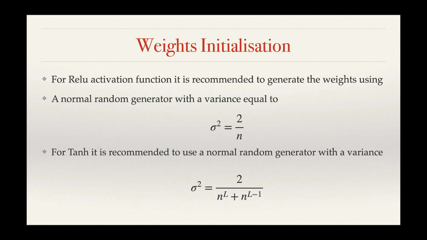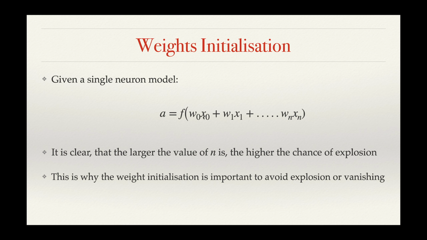For ReLU, which is the most common one, it is recommended to generate the weights using a random number generator with mean equal to 0 and variance equal to 2 over n, where n is the number of inputs to that neuron. For example, if it is the first hidden layer, these are the number of features in the input layer. If it is the second hidden layer, these are the number of neurons in the first hidden layer.